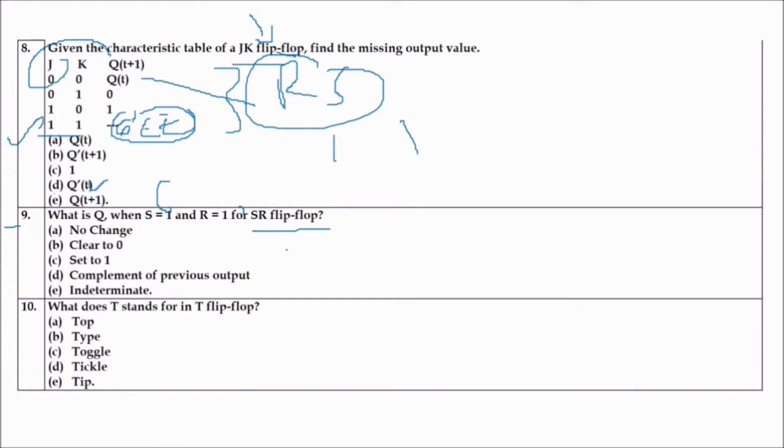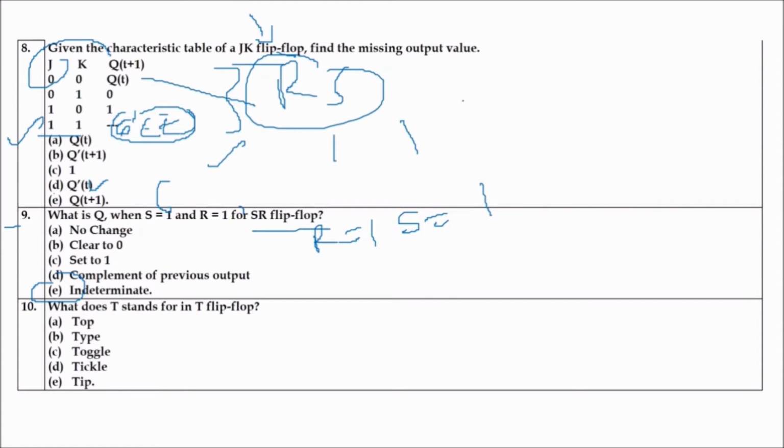Can you answer this? The answer would be E. It is indeterminate. You cannot determine what is going to come. When R equal to 1 and S equal to 1, the race will always end with the master latch in the logic 1 state, but this will not be certain with real components. That is why the answer is E.